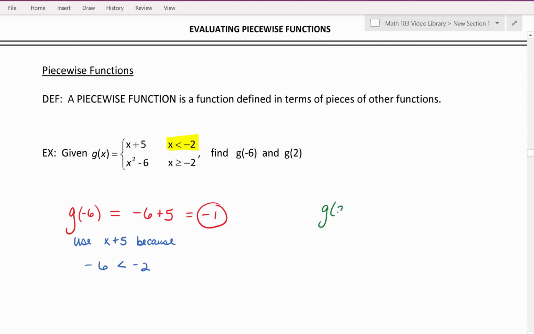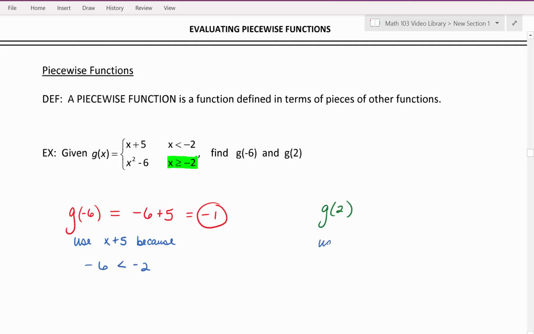Next, we want to evaluate g of 2. Our x value is 2. We need to determine which category it falls into. Is it less than -2 or greater than or equal to -2? Positive 2 is definitely greater than or equal to -2.